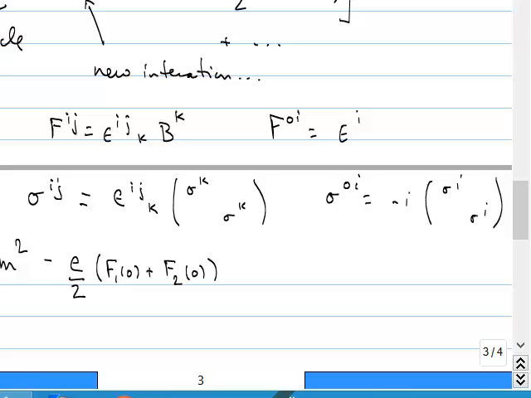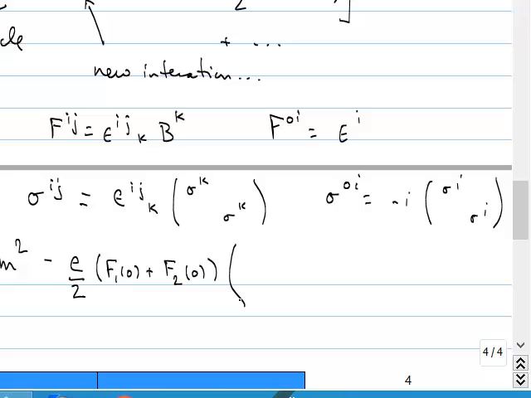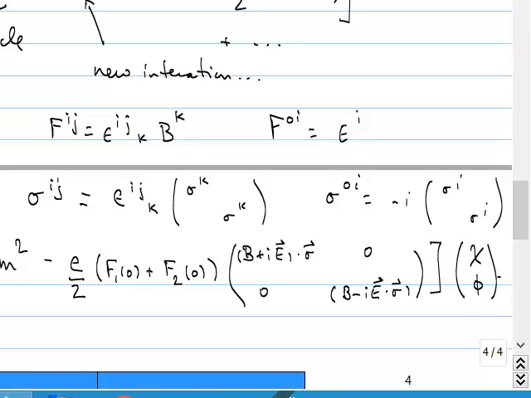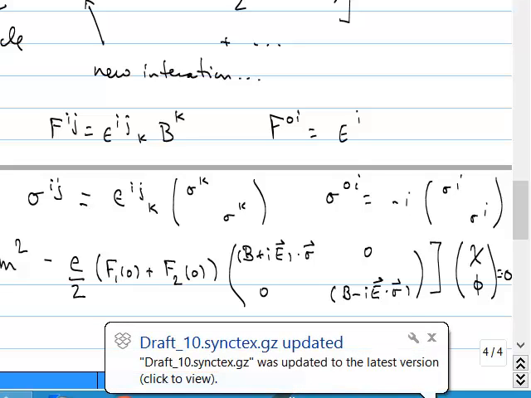We want to write it in terms of the electric and magnetic field. So what do you get? You get (B plus iE) dotted in with sigma and (B minus iE) dotted in with sigma, all acting on our 4-component Dirac spinor, which we can write as two-component spinors right on top of one another.